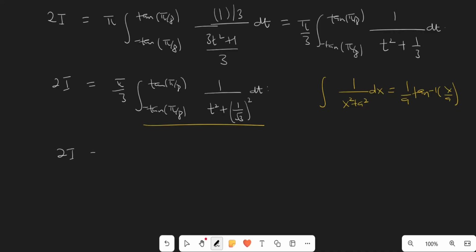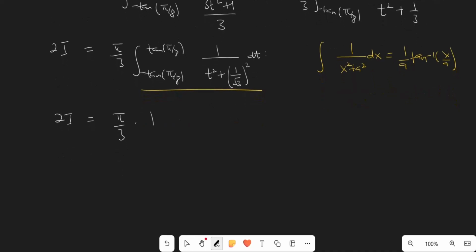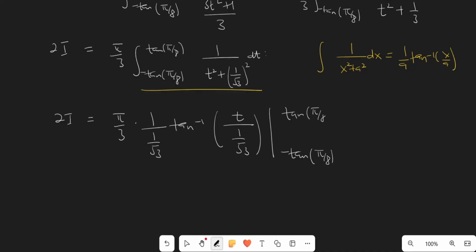So 2I is going to be pi over 3, and now integrating, 1 over a here is 1 over the square root of 3, and then the arctan, or the tan inverse of x here, is like t divided by a, which is 1 over the square root of 3. The limits of integration are negative tan of pi over 8 to positive tan of pi over 8.